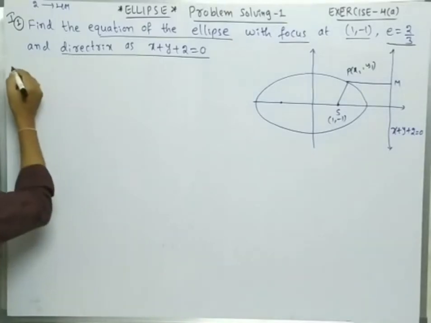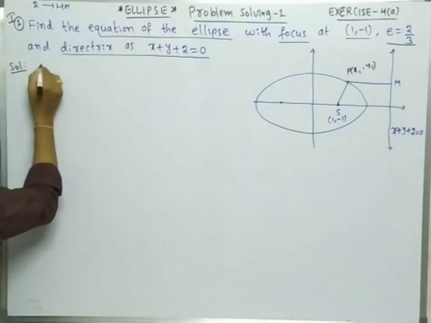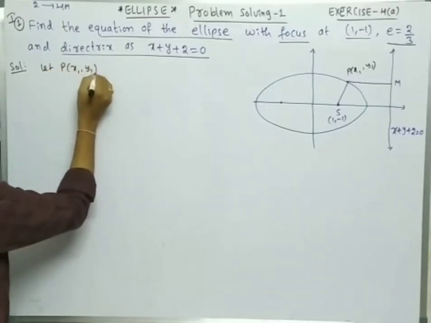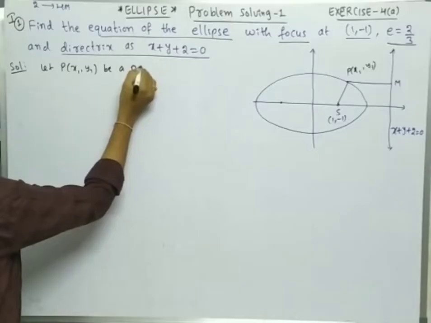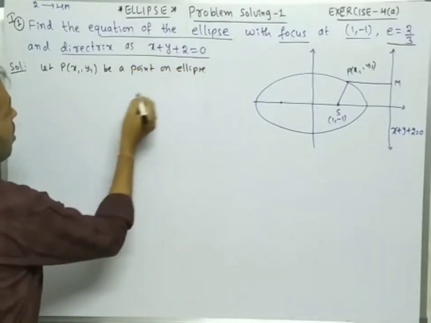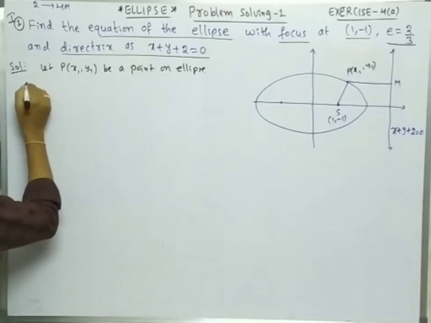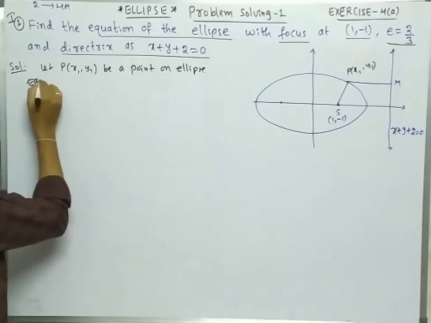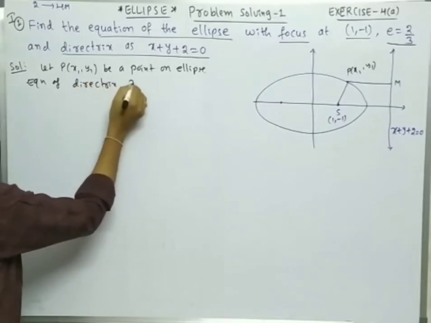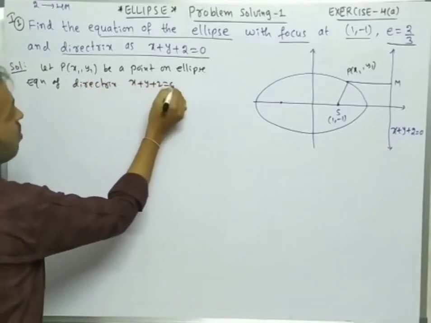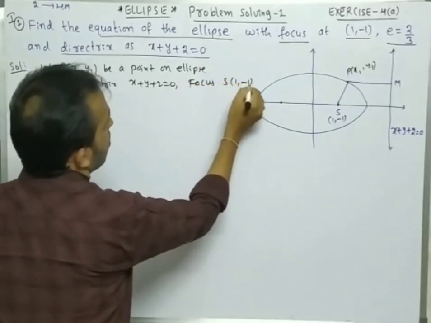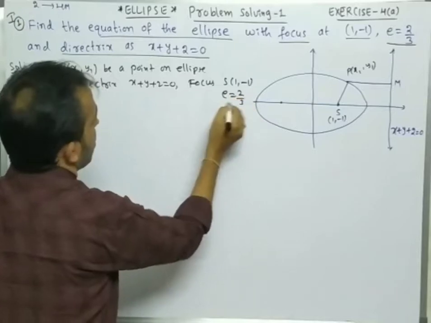First of all, let P(x1, y1) be a point on the ellipse. The equation of the directrix is x + y + 2 = 0, the focus is (1, -1), and the eccentricity is 2/3.